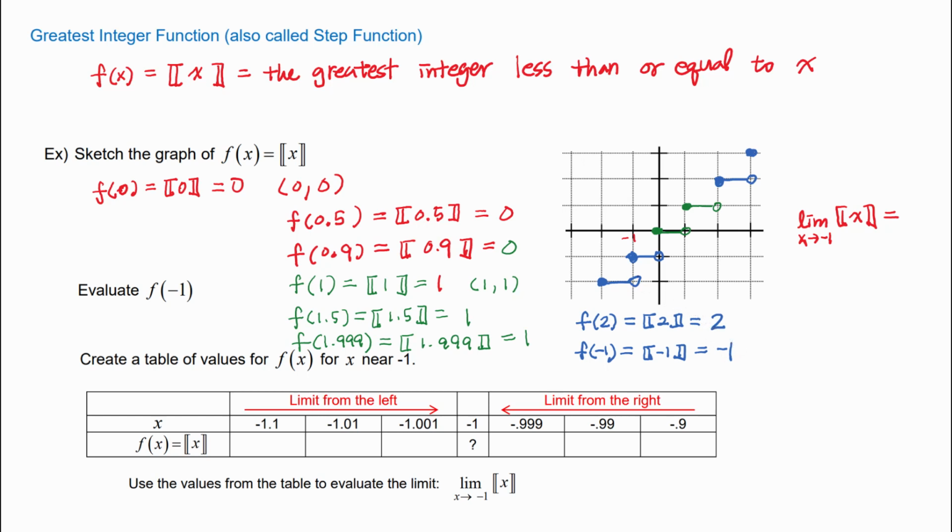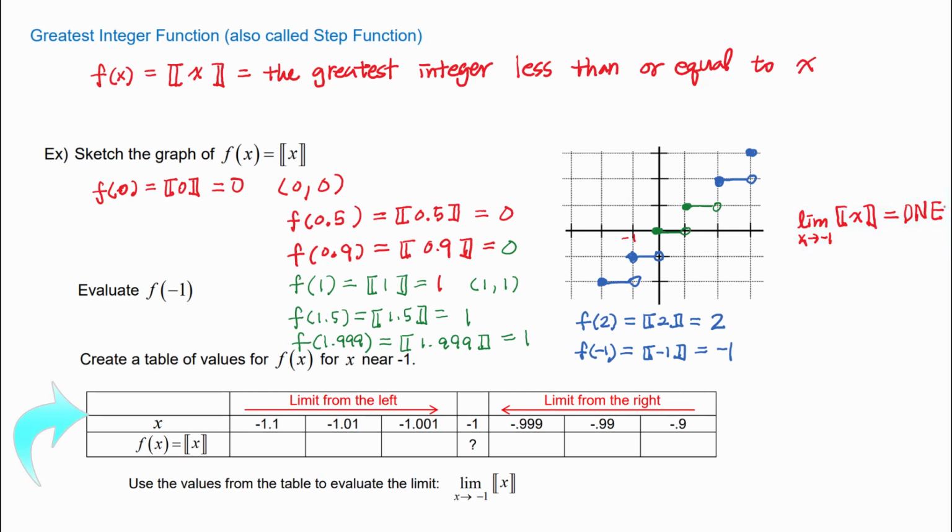And as x approaches -1 from the right, f of x is getting closer and closer to this value, which is equal to -1. My left limit was -2, and my right limit is -1. When your left limit is not equal to the right limit, we say the limit does not exist.